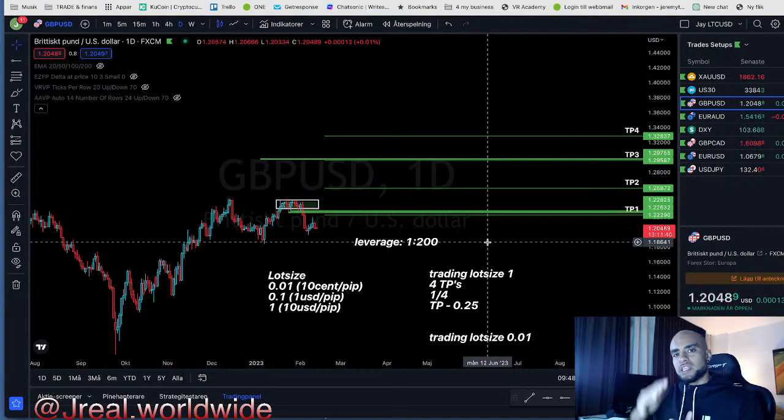So for every pip the market moves, every step the market takes, you don't lose more than 10 cents, or you don't win more than 10 cents. That is just to be trading safe and not become emotionally attached to the markets.